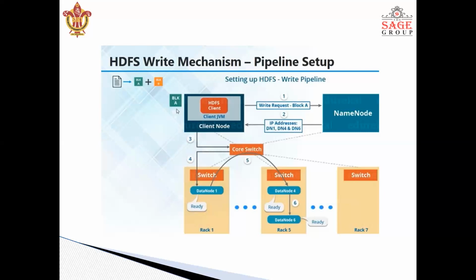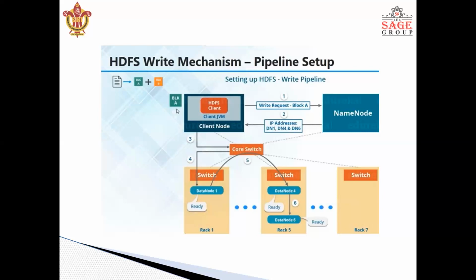Now let us say there are situations where no data nodes are available, that is, whatever IP addresses the name node gave are not functioning or those data nodes are not working.